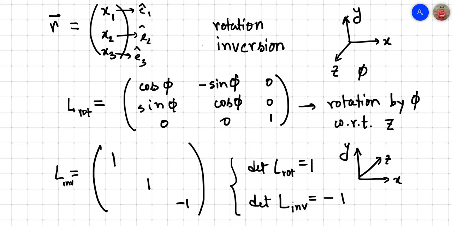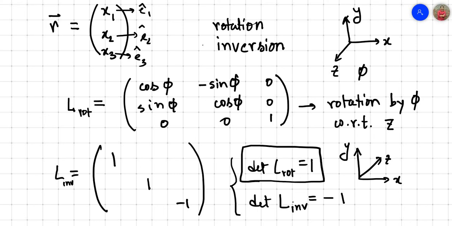It means that whenever we have some sort of rotation that does not change the norm of the vector, the determinant of that rotation should be 1. It doesn't have to be just the rotation with respect to the z-axis. It can be rotation about any axis, and that will have the determinant 1.